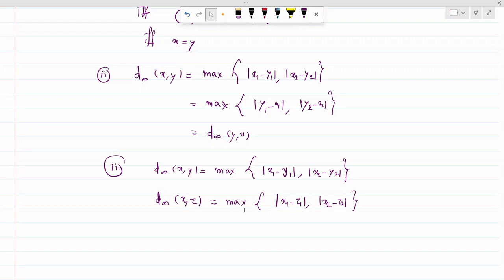So d infinity of x z is the maximum of these two numbers, so both of these numbers are less equal d infinity of x comma z. What this implies, let me just write that: mod of x1 minus z1 is less equal d infinity of x comma z, and mod of x2 minus z2 is also less equal d infinity of x comma z.